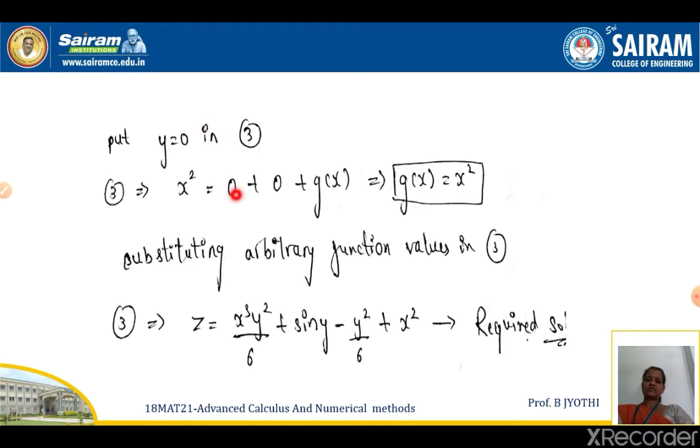We get x² is equal to 0 plus g(x). That gives us g(x) is x². Substituting the arbitrary function values in 3, we get z is equal to x³y² by 6 plus sin y minus y² by 6 plus x², which is the required solution.